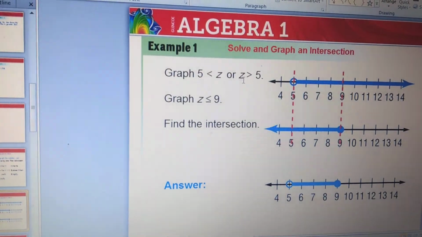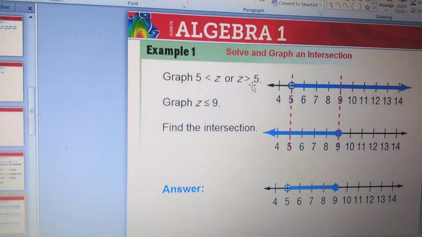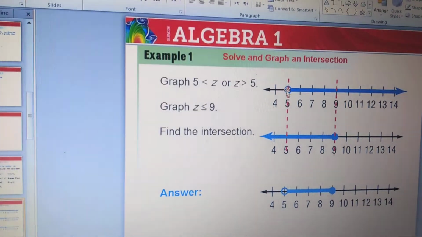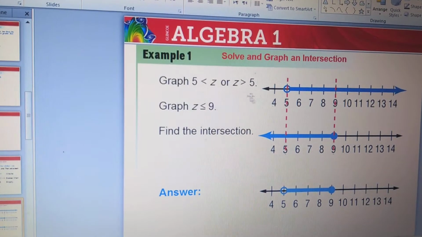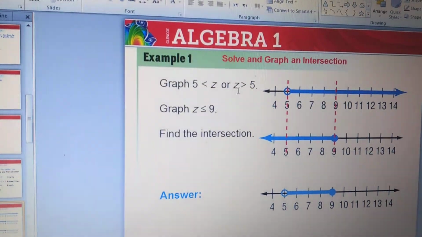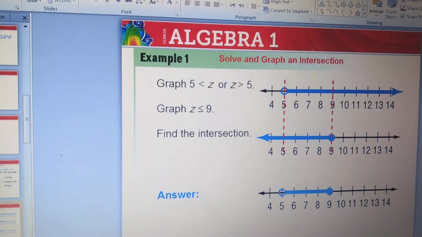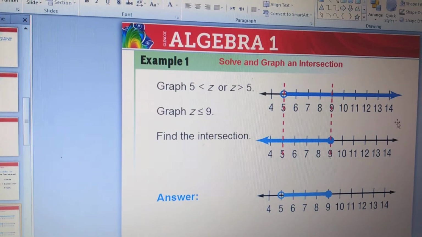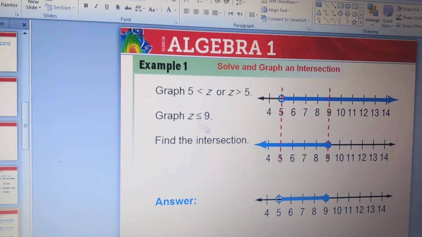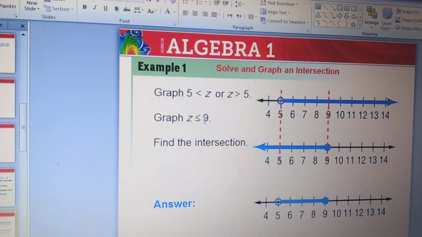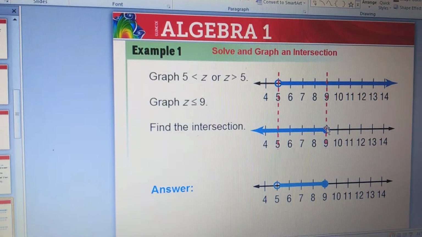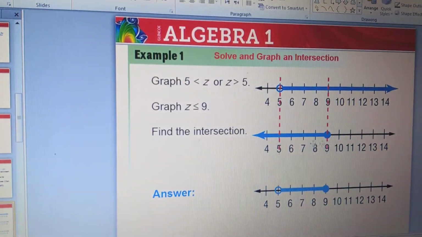Of course, here over 5, I put an empty circle because I don't have equal. z more than 5, then I go to the right. I graph this in one line. Then I draw another line under it to graph z less or equal 9. Less or equal 9, this means the circle is solid. Less or equal, I go to the left.